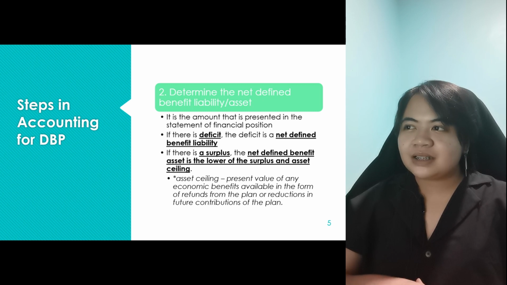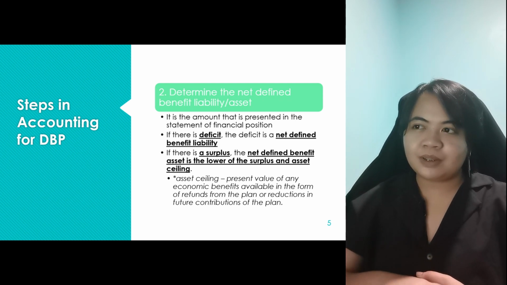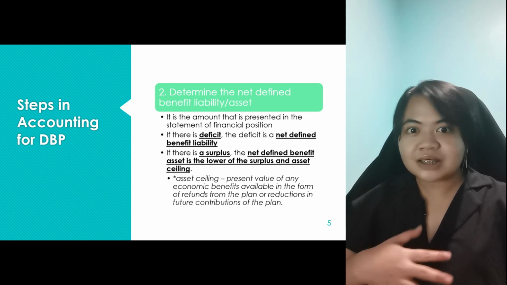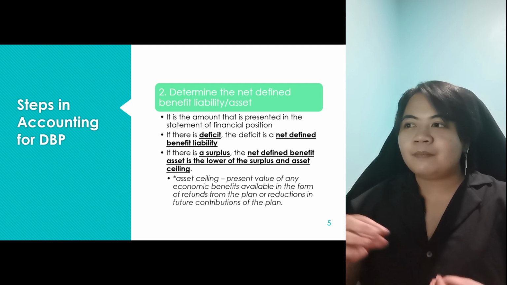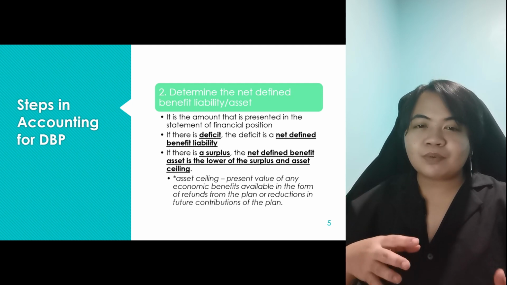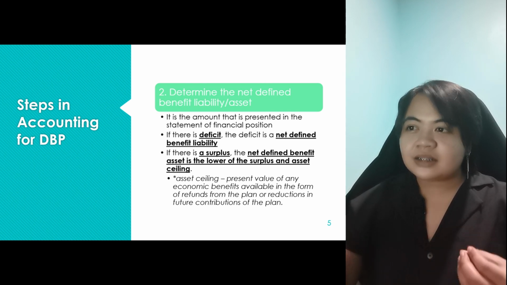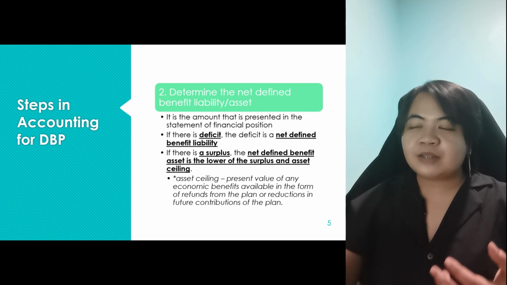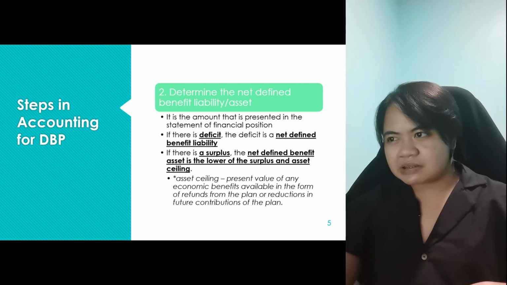Next, we determine the net defined benefit liability or asset. So, kapag po may deficit, yung kanina, ibig sabihin mas maliit yung FVPA, siya po yung net defined benefit liability kasi syempre pupunan mo yung deficit. Okay? Para mabilis tandaan, pag naman daw po may surplus, siya po ay net defined benefit asset. Okay? And the net defined benefit asset is lower of the surplus and the asset ceiling. Ano yung asset ceiling?